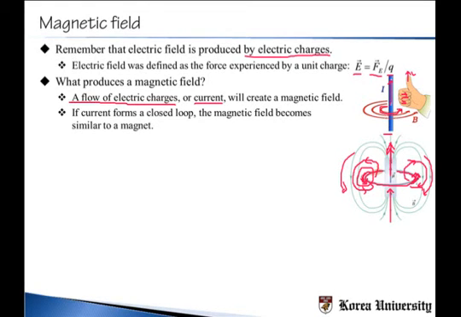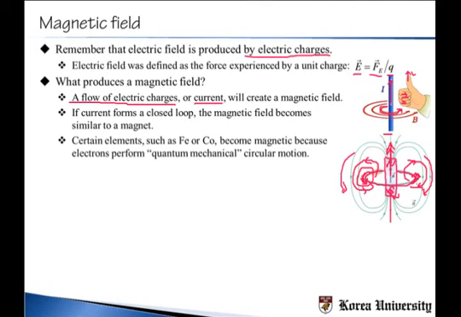This is how the magnetic field will appear when you have a circular current or a loop of current. This is just like having a magnetic dipole or a permanent magnet in the middle, with the north pole on the upper side and the south pole on the lower side. This is how the current is related to the magnetic field.